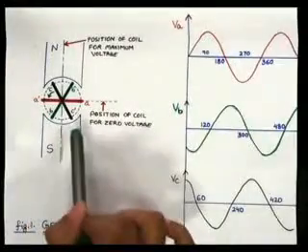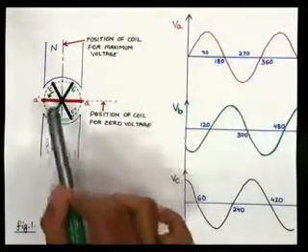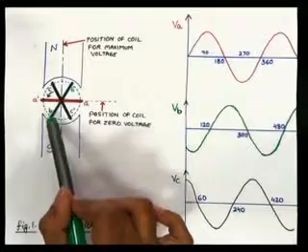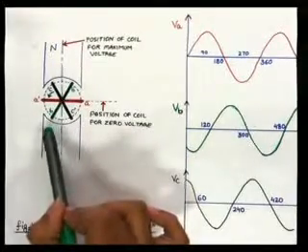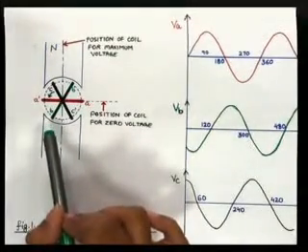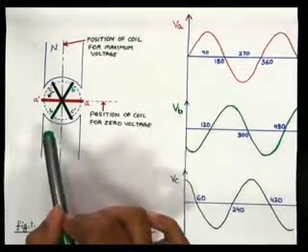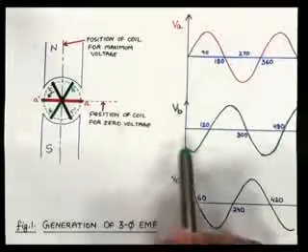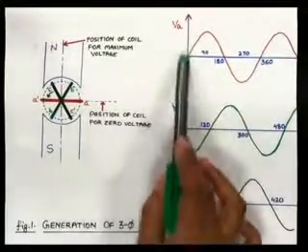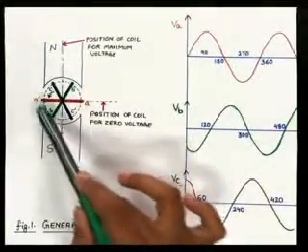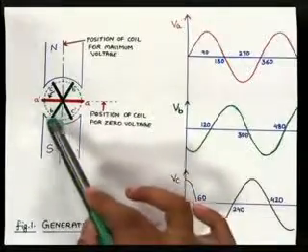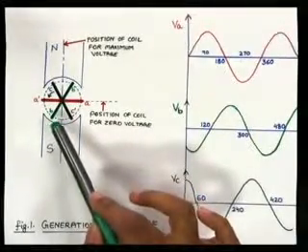Under the influence of the south pole, the polarity will change, so some EMF will be induced in coil BB dash, but in the negative direction. The polarity will be negative. So as we can see, when VA is 0, in coil BB dash there is a rate of change of flux, right?